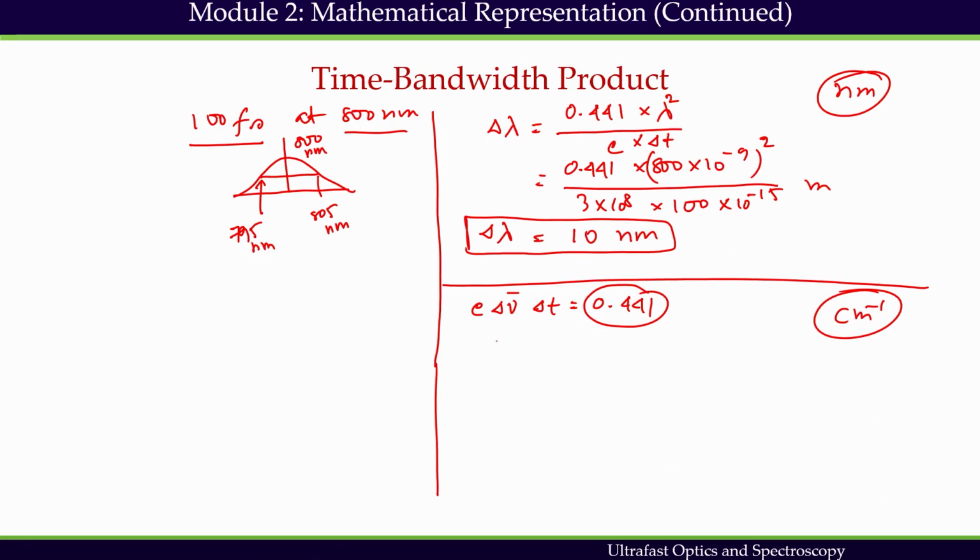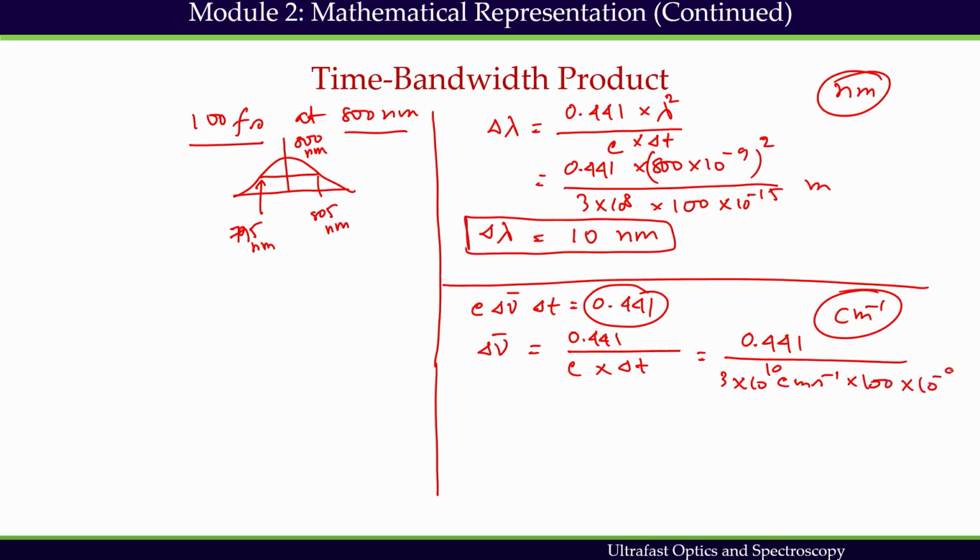But if we assume a Gaussian pulse, then delta nu bar is going to be 0.441 divided by c multiplied by delta T. We can plug in all the numbers: 0.441 divided by 3 into 10 to the power 10, here we are considering centimeter per second, into 100 femtosecond, 10 to the power minus 15 second. So what I get is 147 wave number.